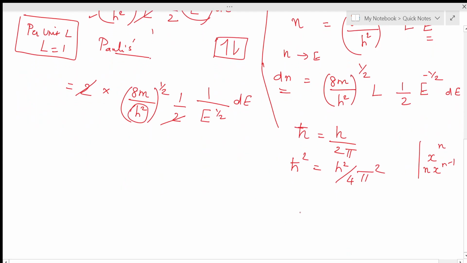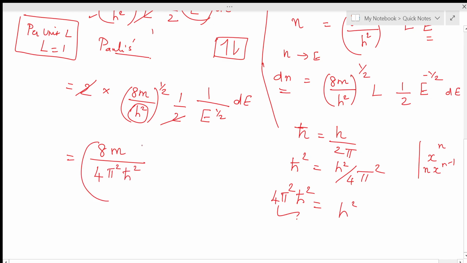Therefore, h square is equal to 4 pi square h cross square to be substituted. Therefore, 8m by 4 pi square h cross square with power half and 1 by root E dE is written. That is, instead of h square, we have substituted 4 pi square h cross square.